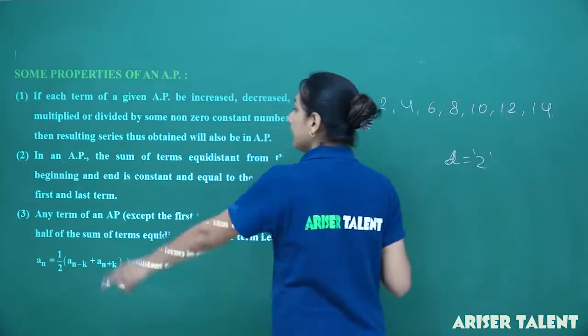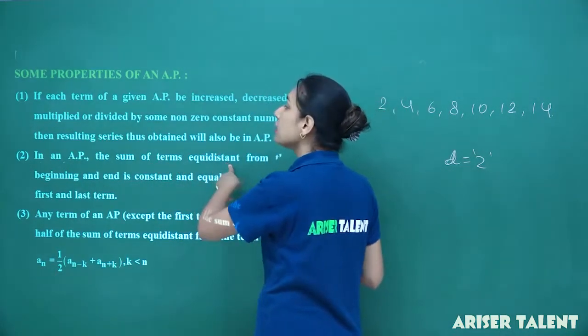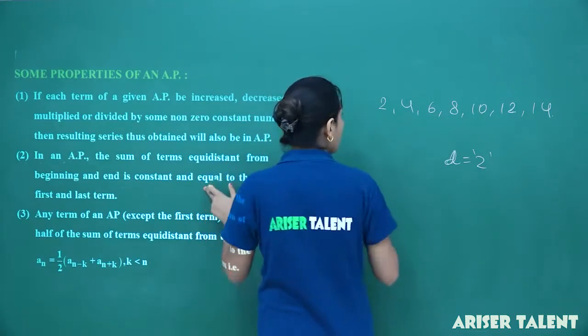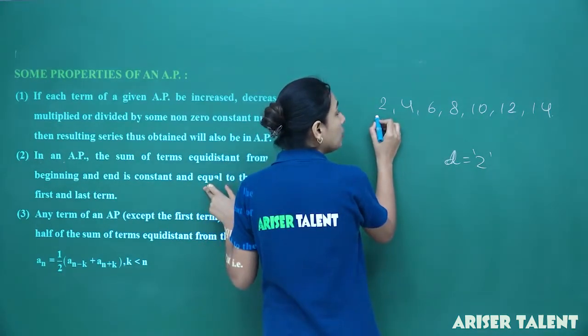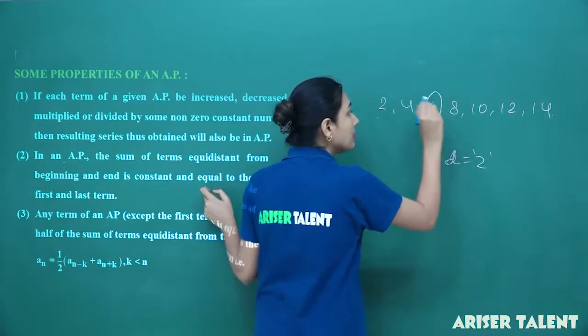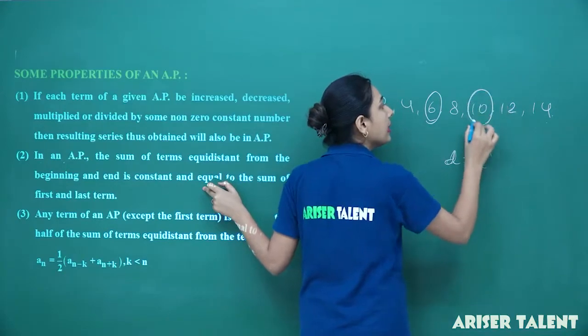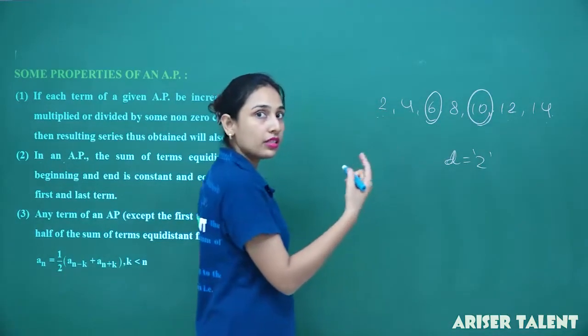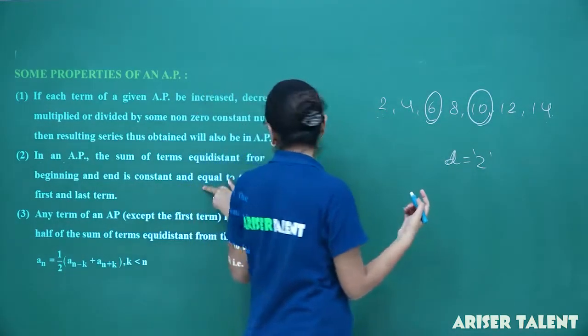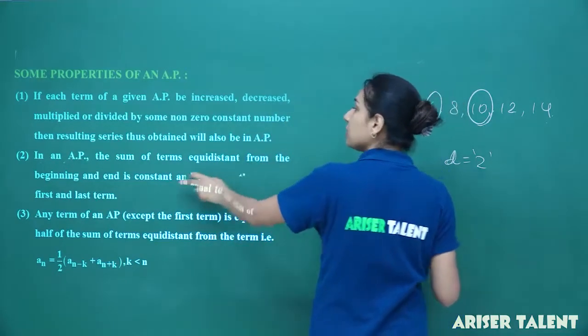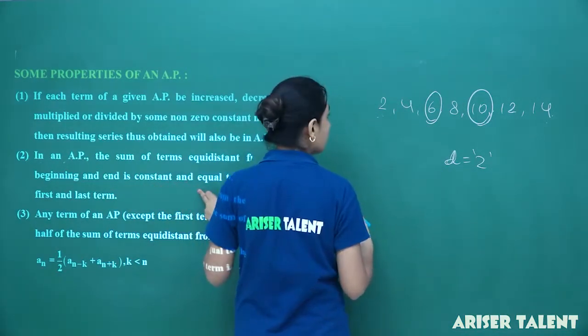That's saying the sum of terms equidistant from the beginning and end. So from 2, I am picking 6. It's first, second and third place, so first, second, third place. That will be equidistant from beginning and end.